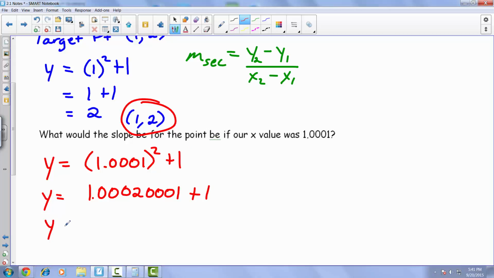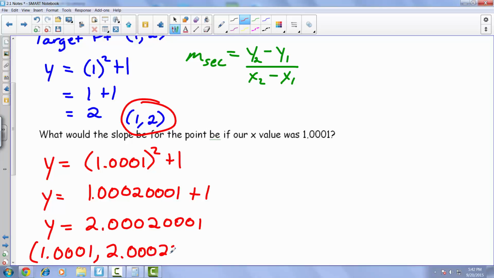So our y value comes out to be 2.00020001. Now that we have our other point, really it's (1.0001, 2.00020001), we can go ahead and find the slope between our target point and this point that's incredibly close.